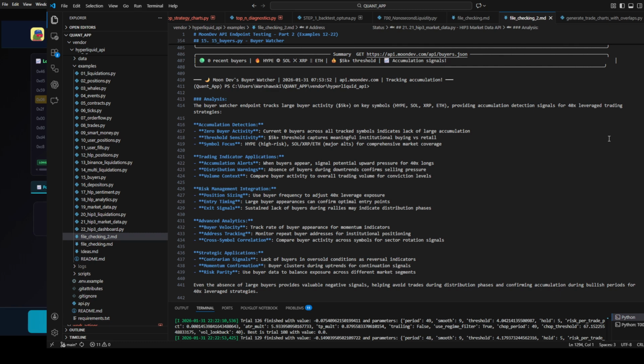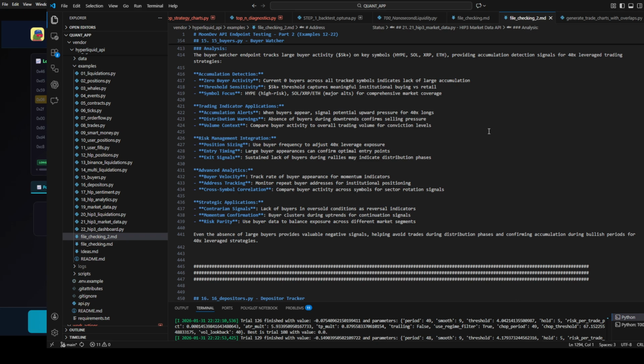It was at a very low volatile moment. I took the chance to run the file. Threshold sensitivity: over 5K threshold captures meaningful institutional buying versus retail. Symbol focus: HYPE, high risk, SOL, XRP, ETH, major alts for comprehensive market coverage.